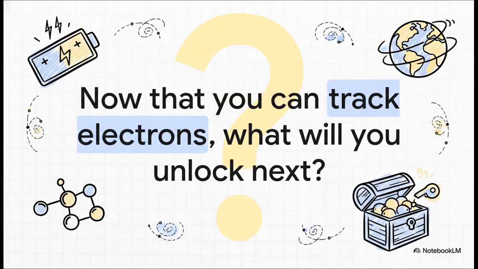So now you have this fundamental tool for tracking how electrons move. And believe me, this isn't just about solving some puzzle in a textbook. This skill is the key that unlocks the whole world of redox reactions. I'm talking about the very chemistry that explains how batteries power your phone, or even how your own body generates energy. You've mastered the tool, so the real question is, what are you going to unlock with it next?